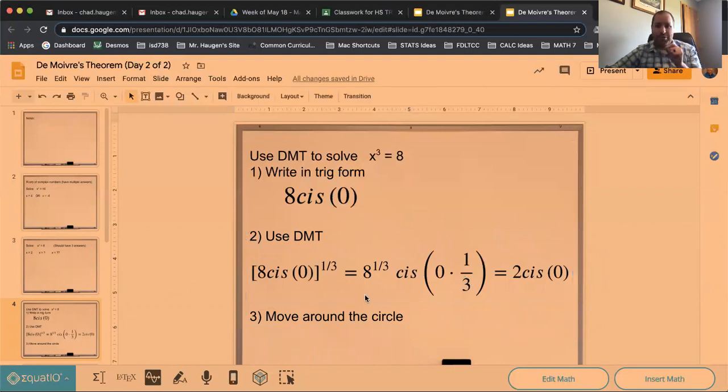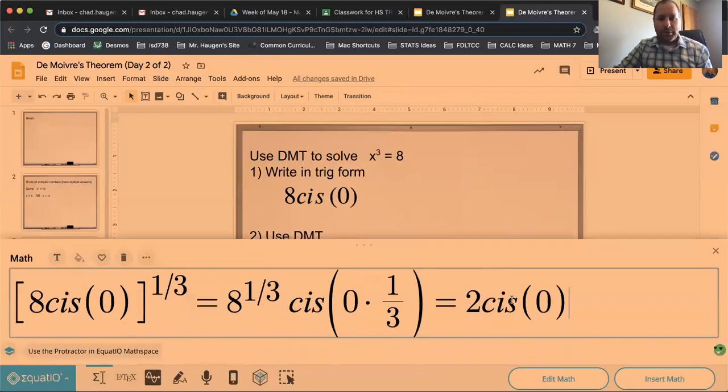So now we need to do a step 3, which is to move around the circle. This gets us what I call your initial angle, your starting angle. And now we've got to move around the circle. And how we do that is whatever our exponent was, here it was 1/3, we need to take a circle, or 360 degrees, and break it into however many parts we have in the exponent.